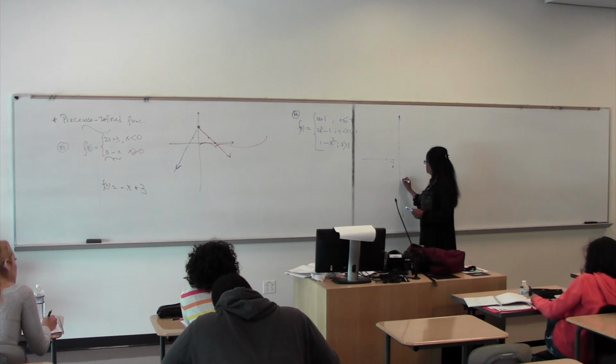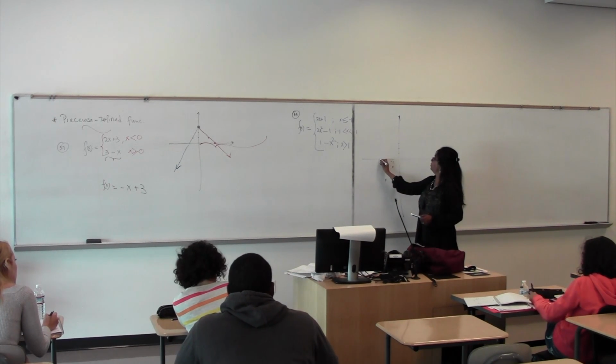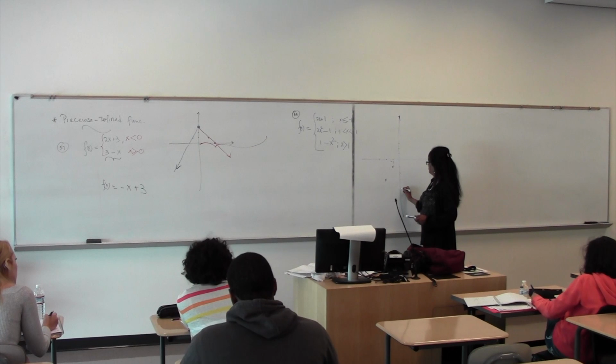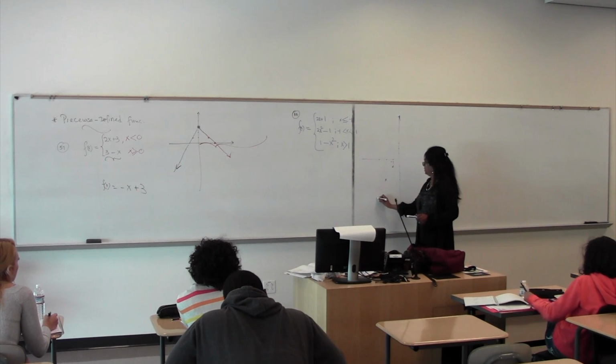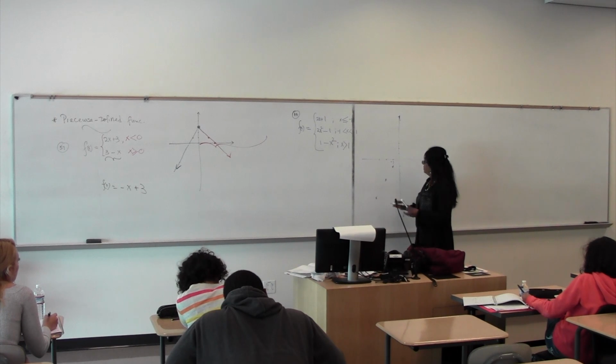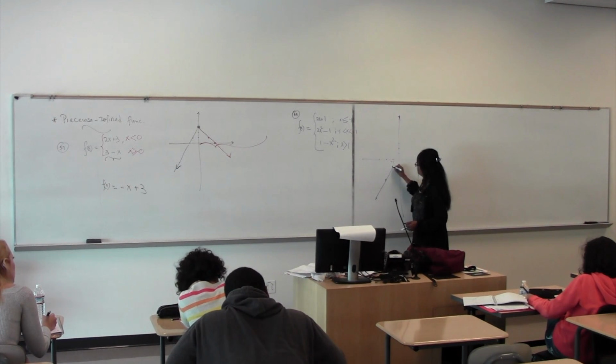So you go down 3. When x is negative 3, it is negative 5, right? So this is the graph. Is this point included? Yes, this is included.